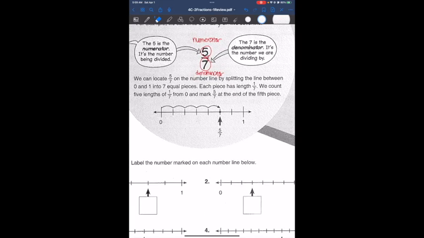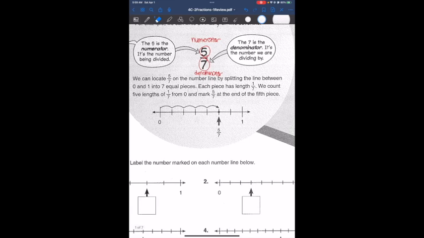And also we can represent fractions in a number line by splitting the line between 0 and 1 into 7 equal pieces. Now we're splitting it into 7 equal pieces because we split it into how many spaces we need based on the denominator.